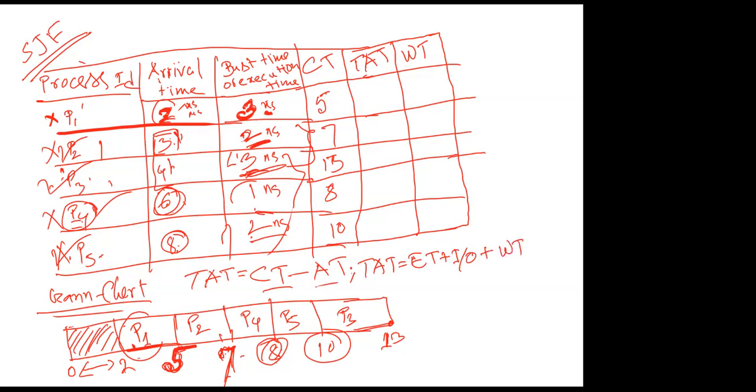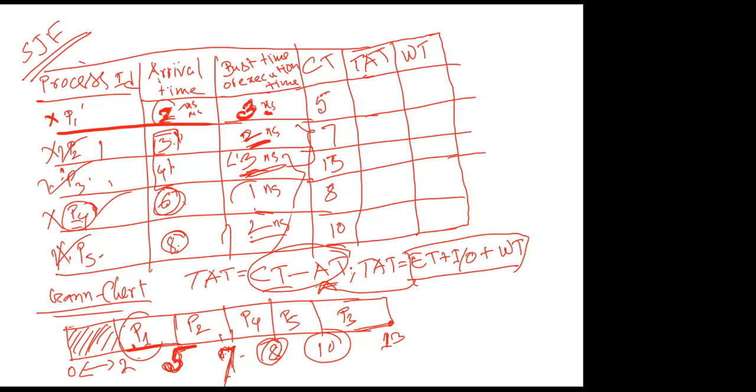These are equal to completion time minus arrival time. It means how long a particular process stays inside the RAM. This is the total turnaround time.